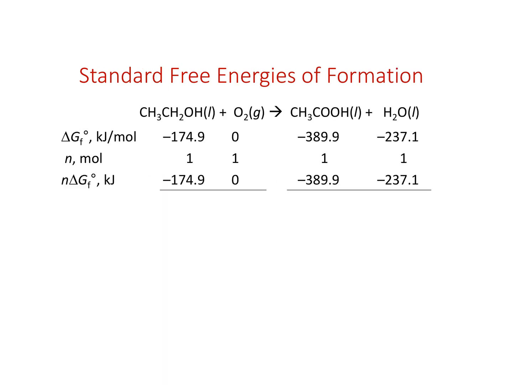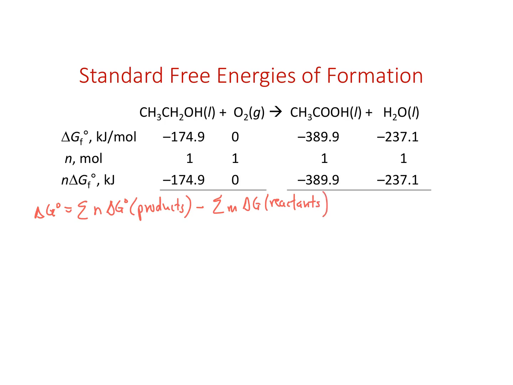So that calculation would look much like the calculations we've done previously. My delta G equals the summation of how many moles times the delta G of my products minus the summation of how many moles and the delta G of my reactants.